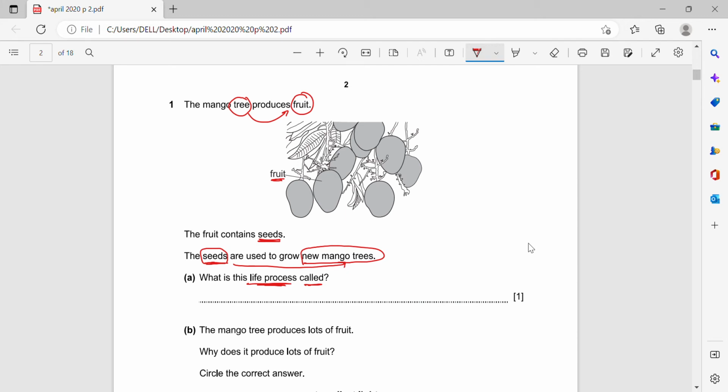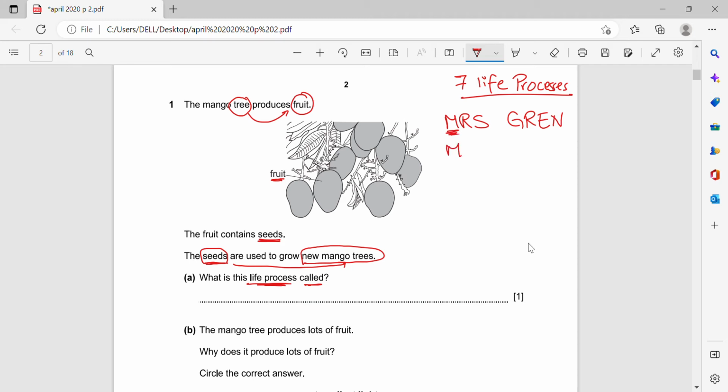Before we answer the question, we need to review the 7 life processes. We abbreviate the 7 life processes as Mrs. Gren.